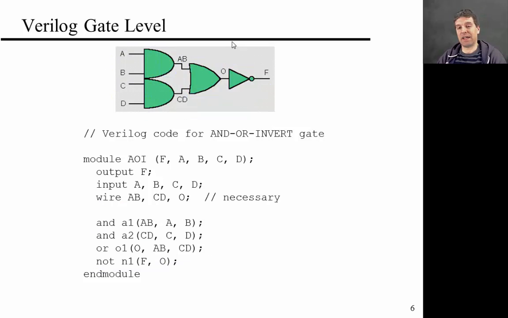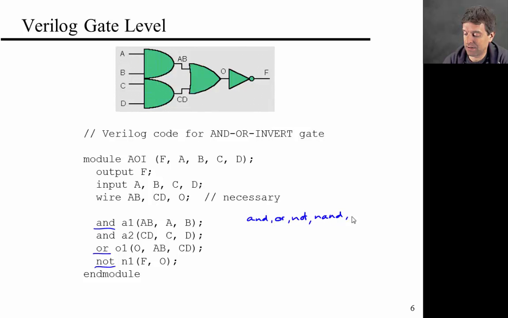This is yet again the exact same system, but now I'm introducing a few additional keywords, namely and, or, and not. The point here is just to say that Verilog has a range of built-in functions. So and, or, not, what else?